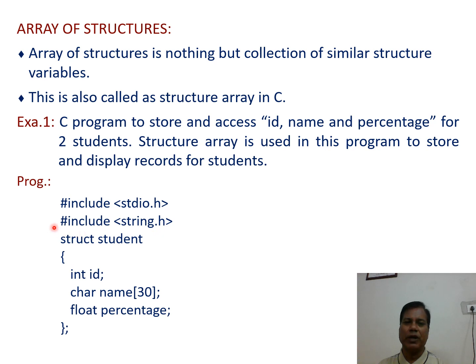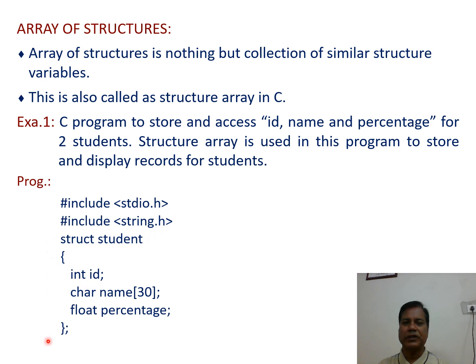Here we may not be familiar with this statement. This statement is just to include this header file in addition to the standard input output header file, because here we are going to see operations on strings. So the functions required for those are declared and defined in the string.h header file.